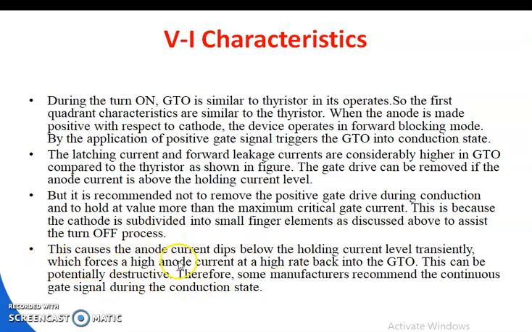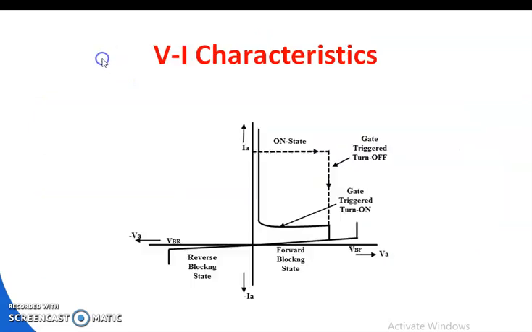Removing the gate drive causes the anode current to dip transiently below the holding current level, which forces a high anode current at a high rate back into the GTO. This can be potentially destructive. Therefore, some manufacturers recommend a continuous gate signal during the conduction state.